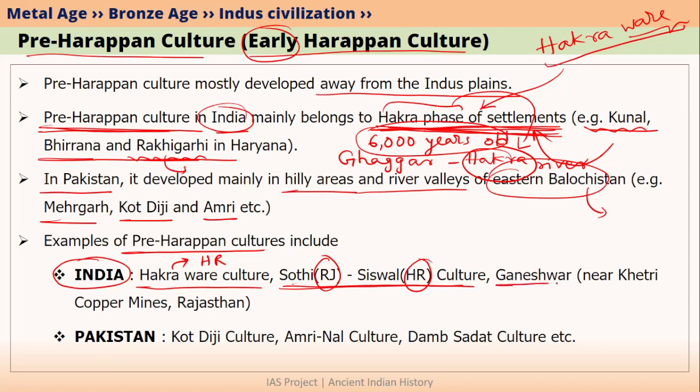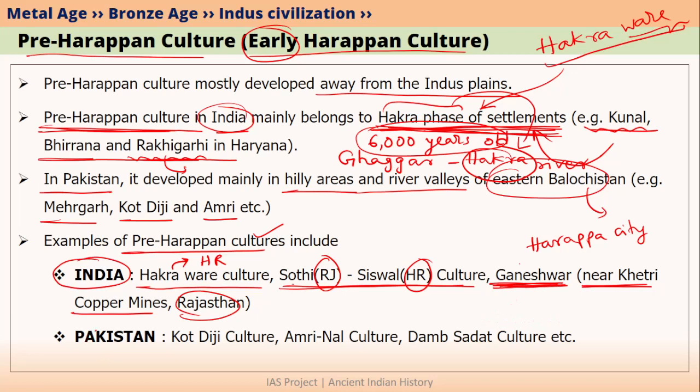We also have Ganeshwar culture, which is also a part of pre-Harappan culture. Ganeshwar is located near the Khetri copper mines in Rajasthan. In the mature Harappan phase, we will learn that Ganeshwar people got copper ore from the Khetri copper mines and traded this copper ore with Harappan cities. So Ganeshwar culture is an important source of copper ore for Harappan cities.